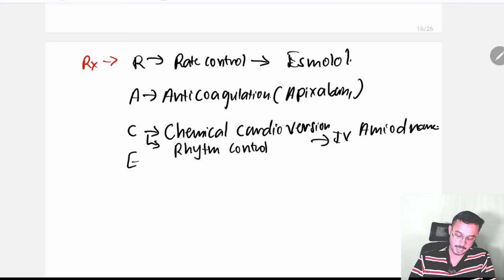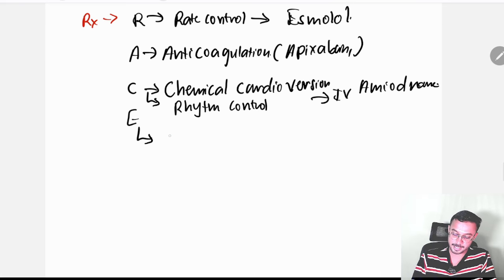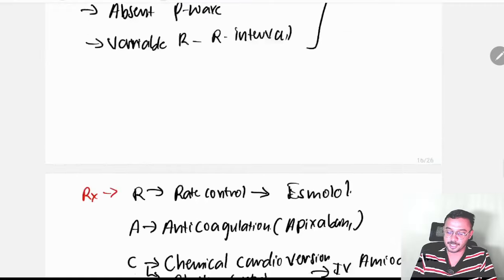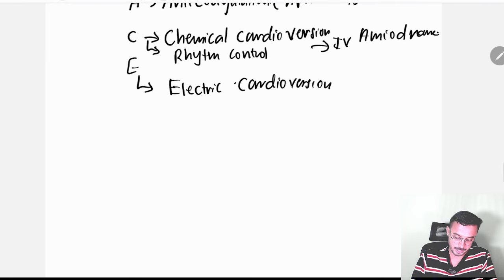And E stands for electric cardioversion. So these are the steps you are going to follow in atrial fibrillation. For electric cardioversion, what are you going to do? DC shock. How much? 200 joules.